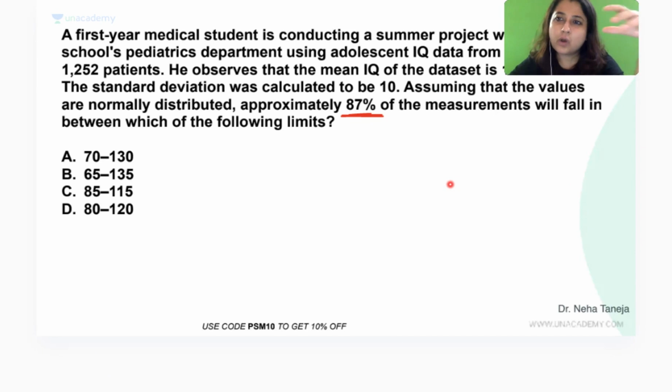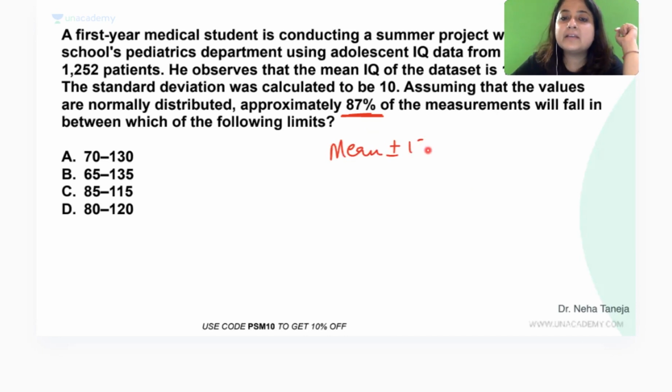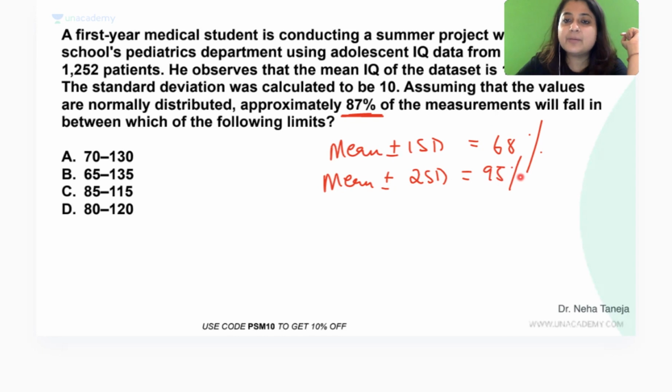Have I ever told you about what percent of observations, like 87% of measurements? What have we done, guys? Mean plus minus 1 SD, we all know it covers how much? 68%. Mean plus minus 2 SD covers how much, everybody? 95%.